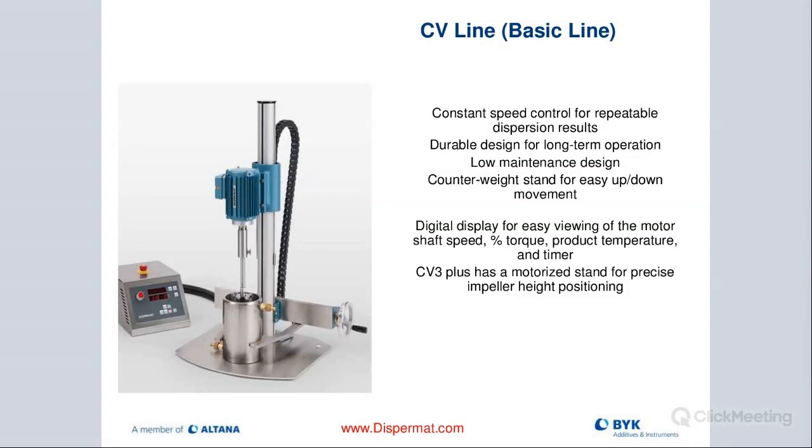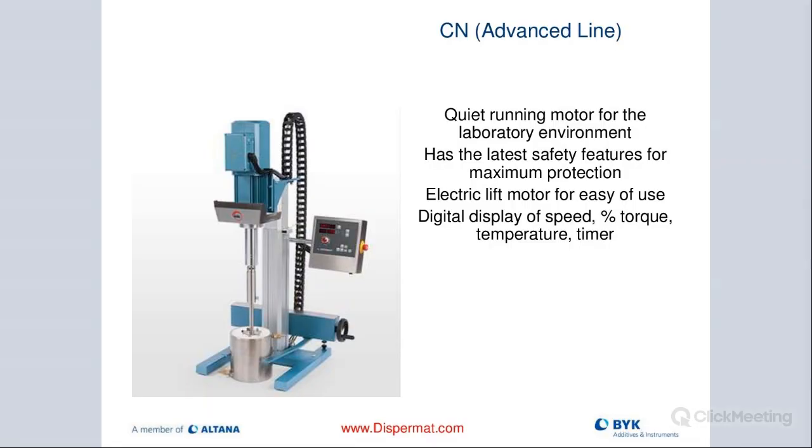And on the bottom, once it reaches the bottom point, it can't go any lower. Therefore, the blade would never hit the bottom of the container. So that's really important. And with the CV technology, you can set these parameters. The next system up is the CN technology.